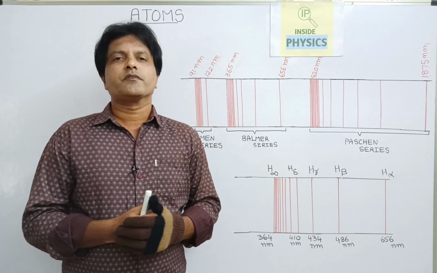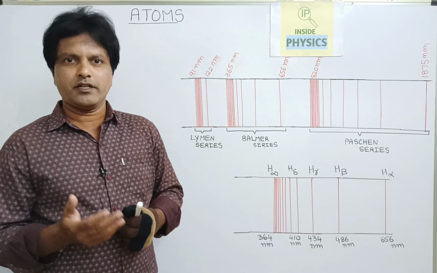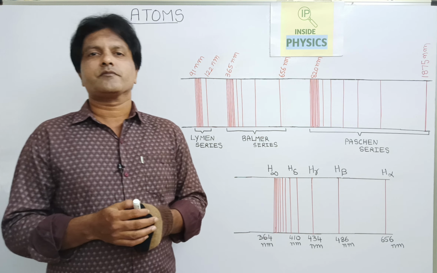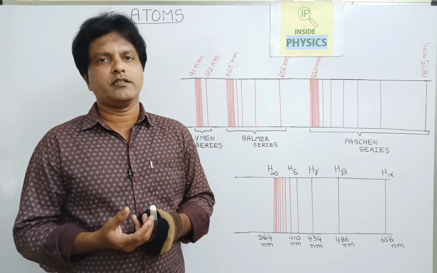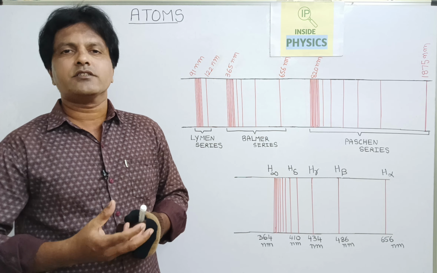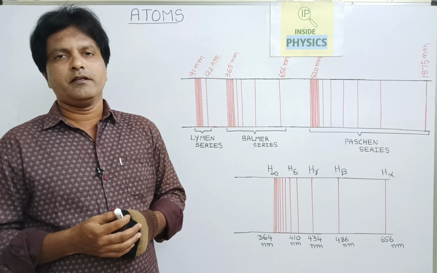For example, if you take an atomic gas like hydrogen or any other vapor, and it is electrified under very low pressures, the gas will emit some radiation. This radiation is the characteristic of that particular element. This is called line spectrum.